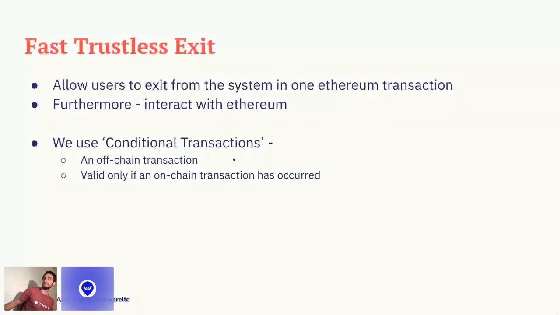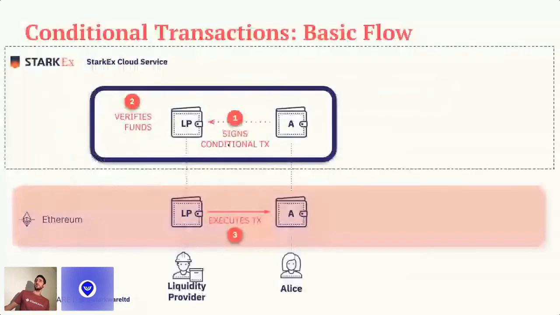Let's see a diagram. So again, we have here one StarkEx application in the Ethereum blockchain. And what we want to achieve here is for Alice to move her funds from her off-chain account to her on-chain account. What we do is we use a liquidity provider which has available funds on-chain, and what I just described, a conditional transaction. So Alice is signing a conditional transaction, transferring some amount, let's say, of ETH to the liquidity provider, where the condition of this transaction is that the liquidity provider will transfer funds to Alice, right?